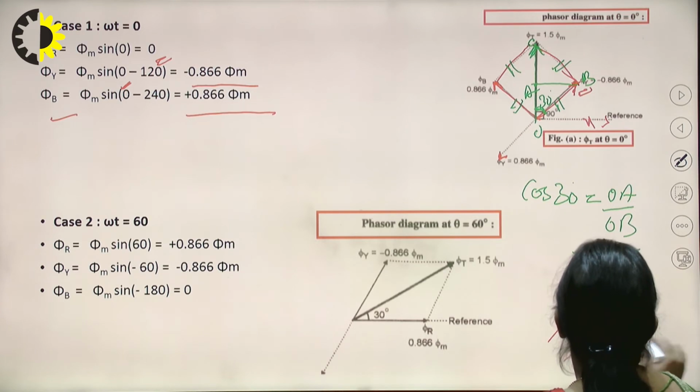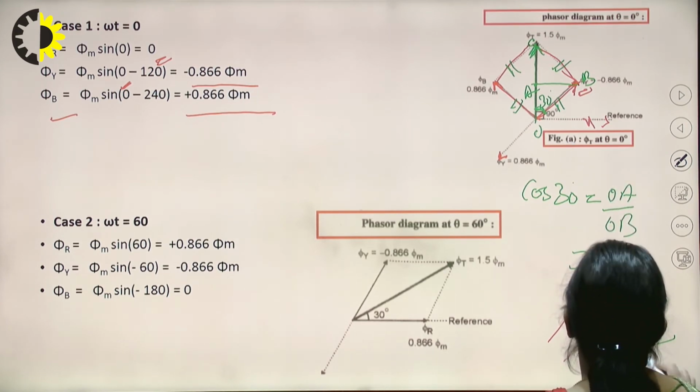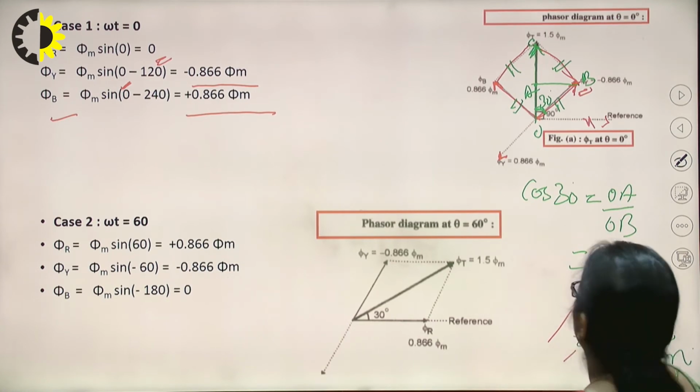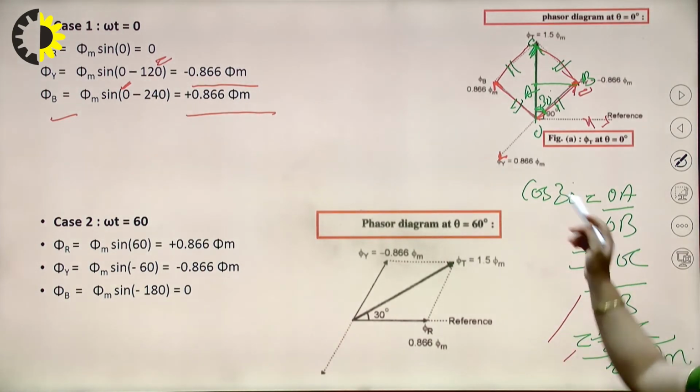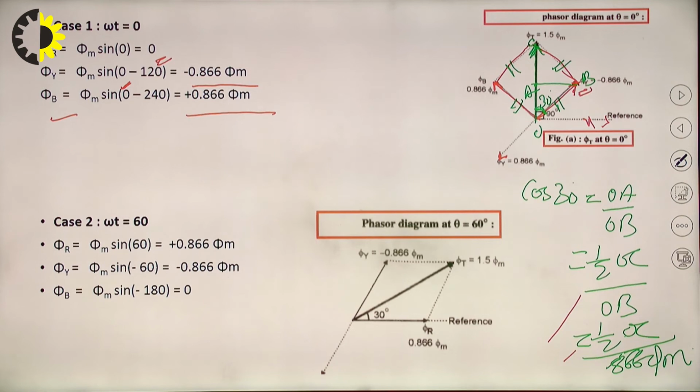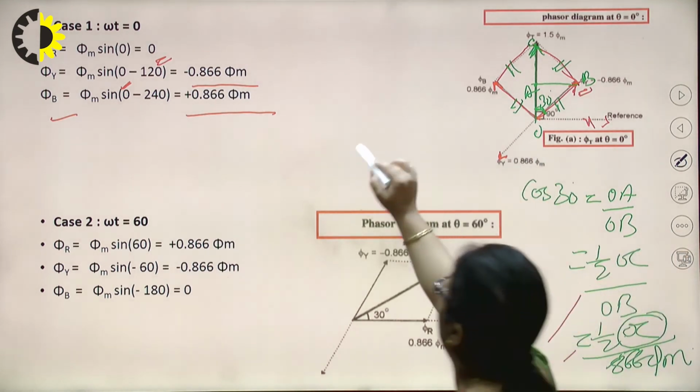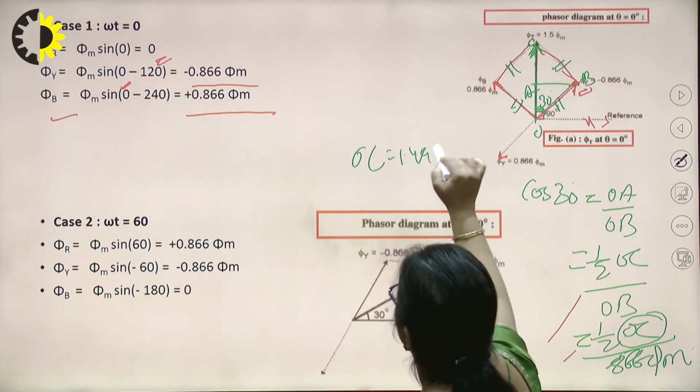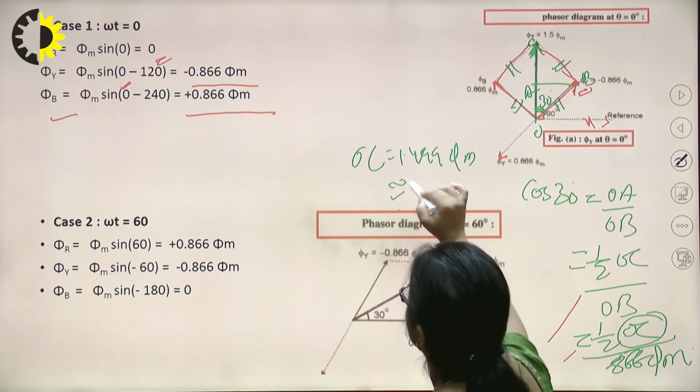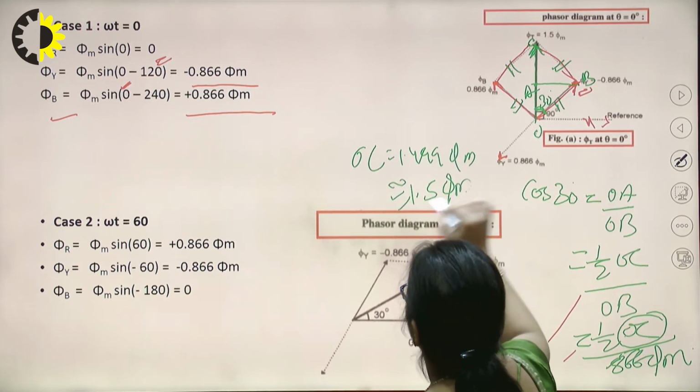And OB is minus 0.866 phi m, right? And what is cos 30? Root 3 by 2. From here, if you find out how much is OC, that is the resultant I want, you will get the value as 1.499 phi m, which I equated as 1.5 phi m.